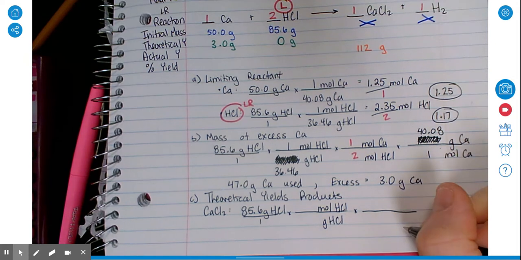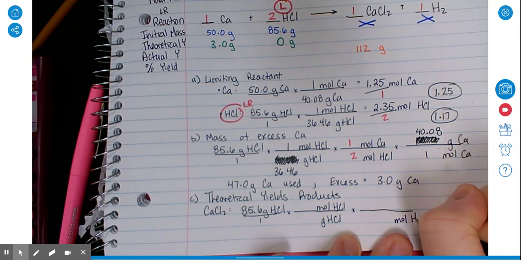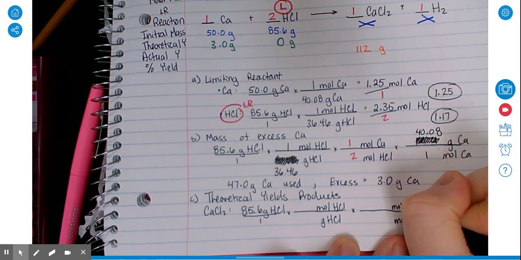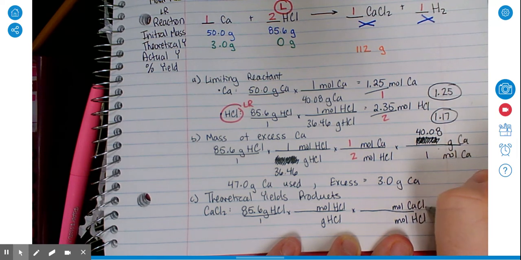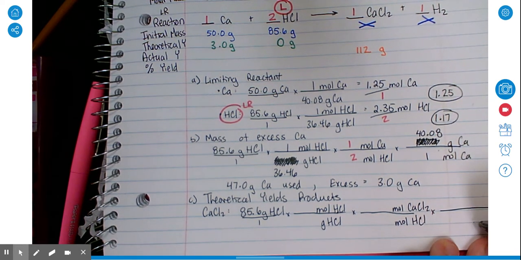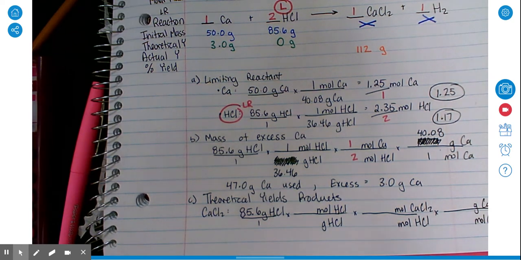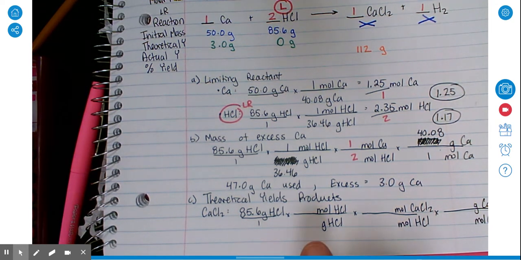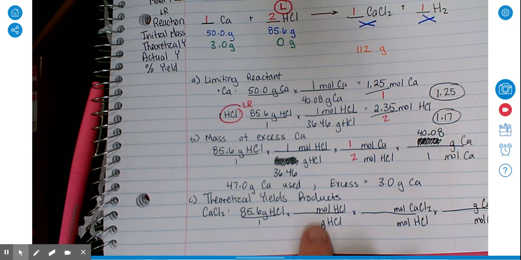From moles of one substance, I can go to moles of another. This time I'm going to calcium chloride. And from moles of calcium chloride, I can go to grams of calcium chloride. Now I can go ahead and plug in my numbers. Hopefully I do it right this time.